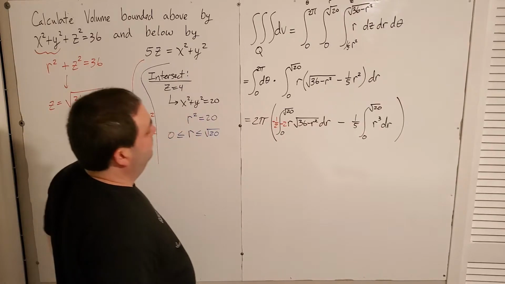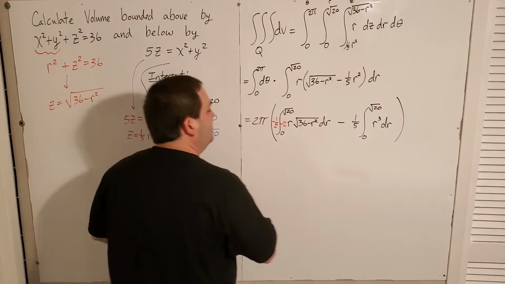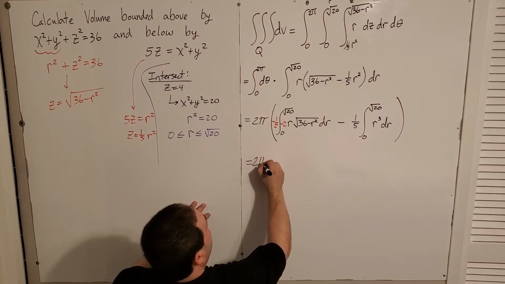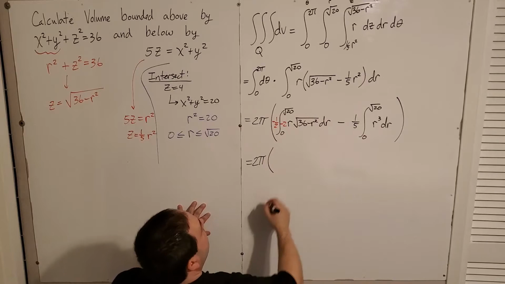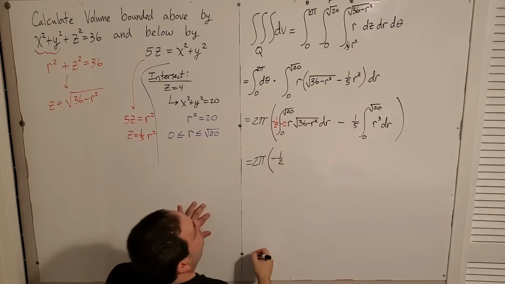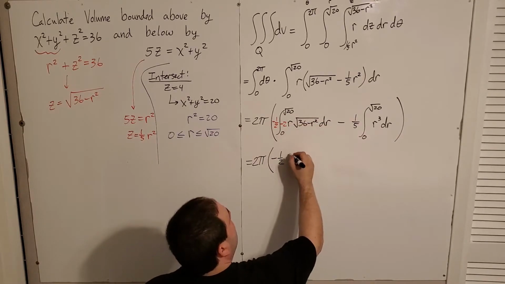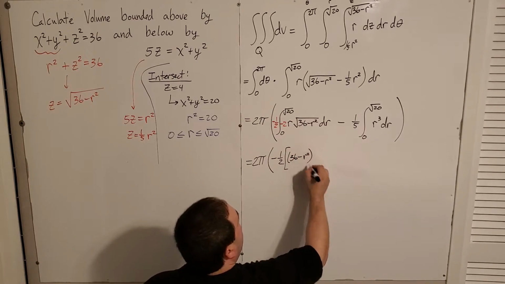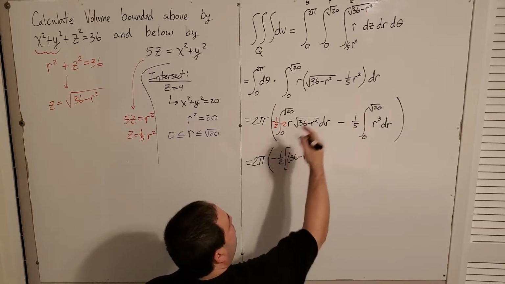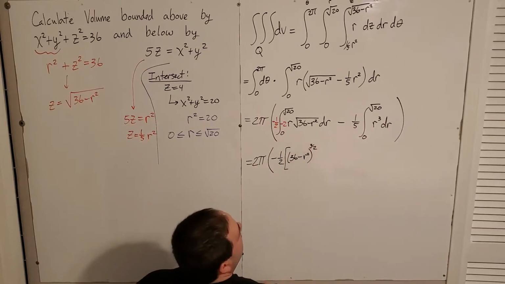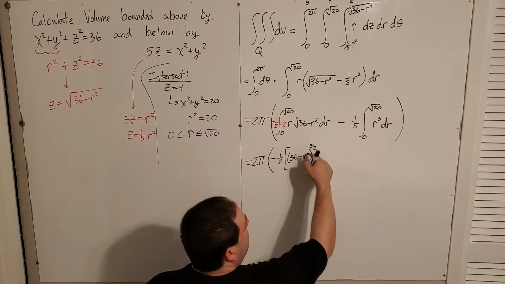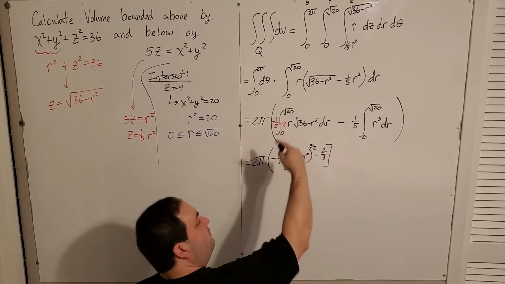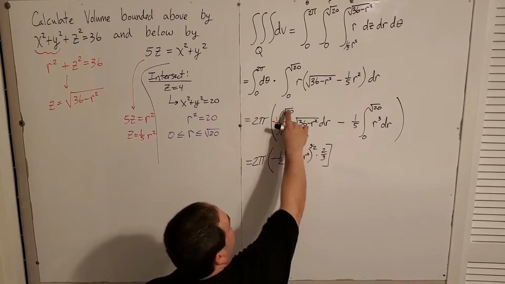All right. So next I'll have 2 pi times, I've got negative 1/2, and then I've got this thing, 36 minus r squared to the 3/2 times 2/3, because of the division by the new power, from 0 to square root of 20.